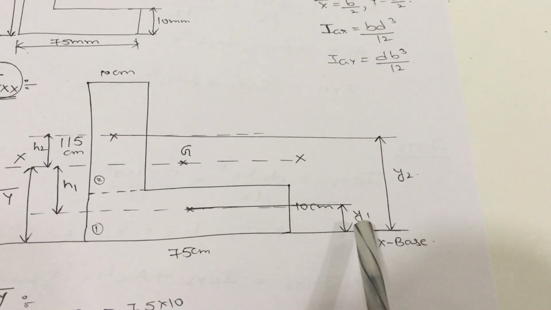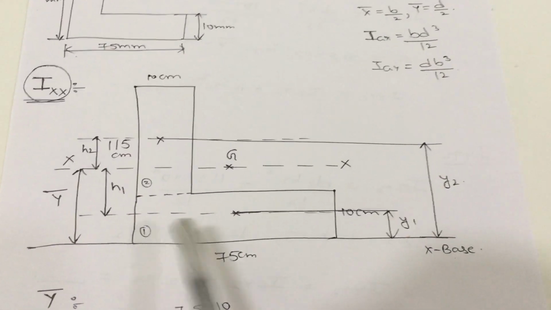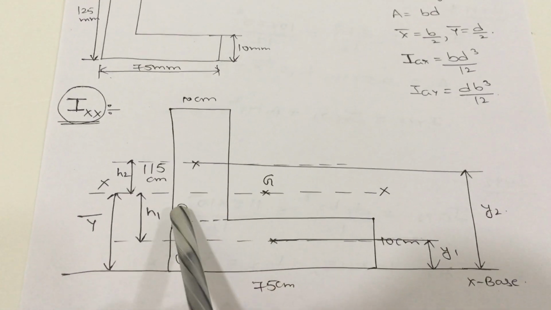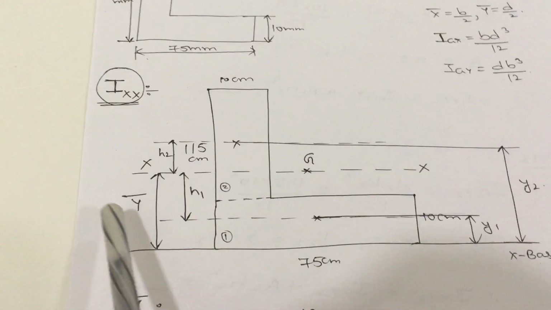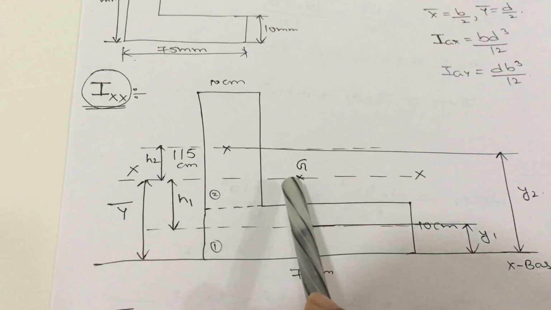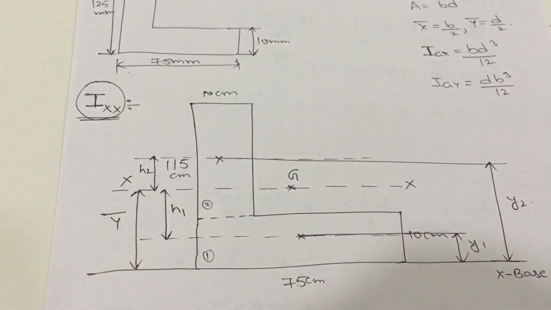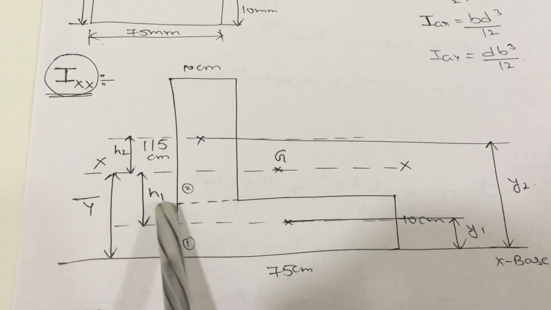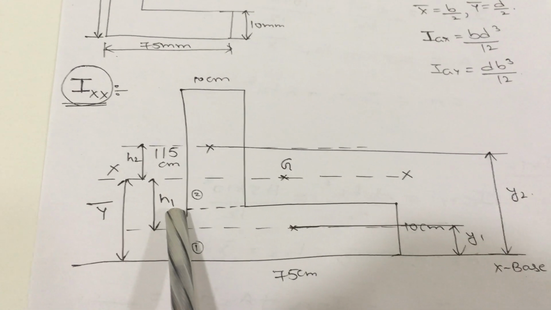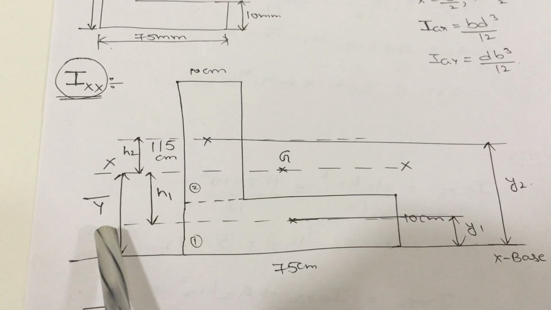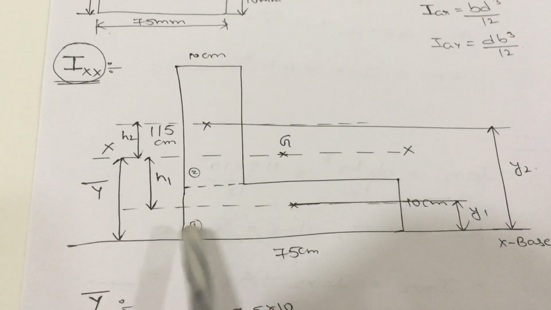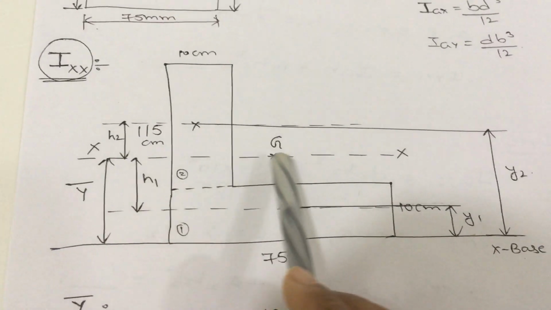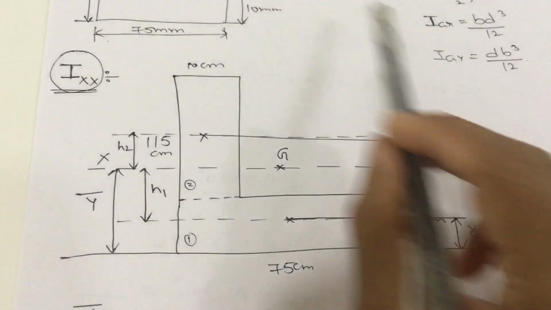Now here y1 is the distance from the centroid of the first section to the x base. y2 is the distance from the centroid of the second section to the x base. Next here y bar is the distance from the centroid of the L section to the x base. Next, here h1 is the distance between centroidal xx axis of the first section and centroidal xx axis of the complete L section.